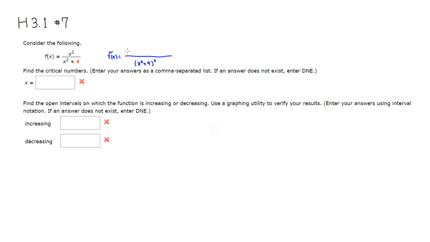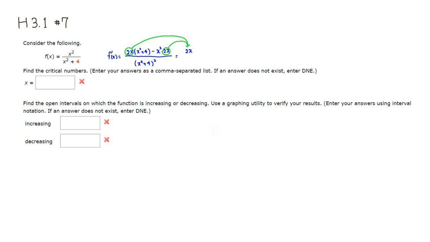The derivative of the top is 2x times the bottom, x squared plus 4, minus the top, x squared, times the derivative of the bottom, 2x. I'm going to pull out the 2x, which is in common. I have a 2x here and a 2x there, so those are pulled out and divided only once.